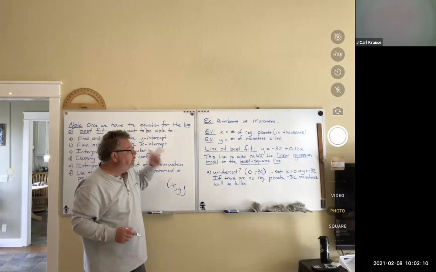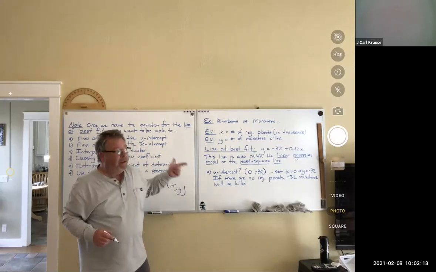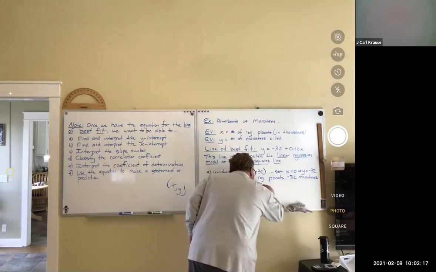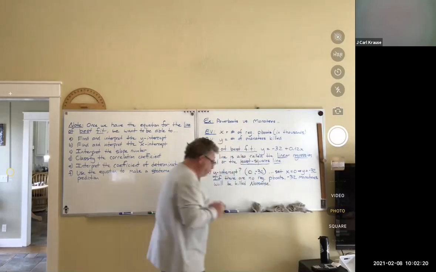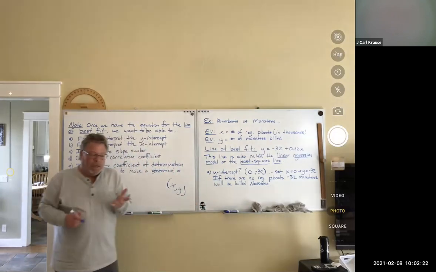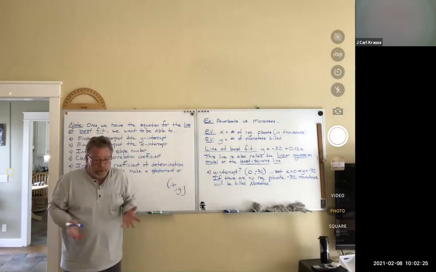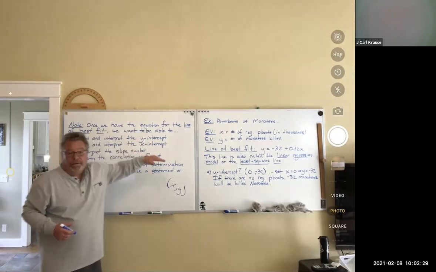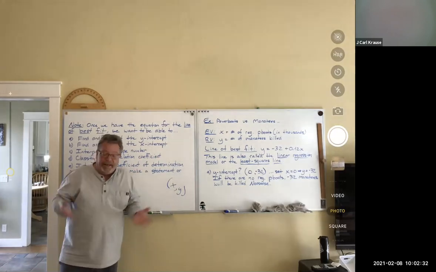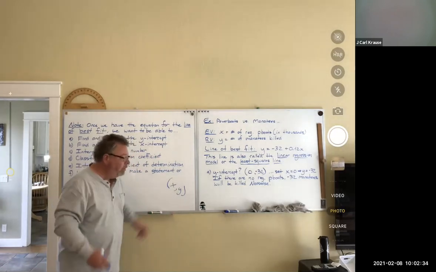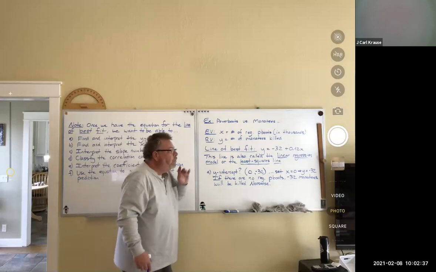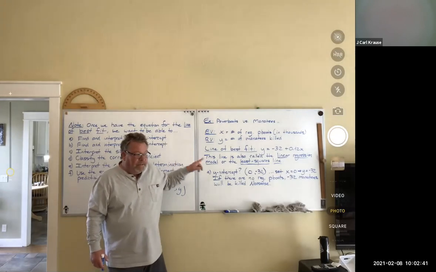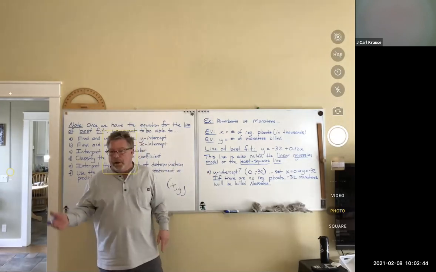Now, that is nonsense. That makes no sense whatsoever. So I'm just going to jot that down. And what you'll see is that there will be plenty of situations where the y-intercept or the x-intercept, or possibly both, won't make any sense whatsoever. We want to be able to recognize that. One of the things that's difficult for students to do is to decide that, hey, that's nonsense, and then just move on.